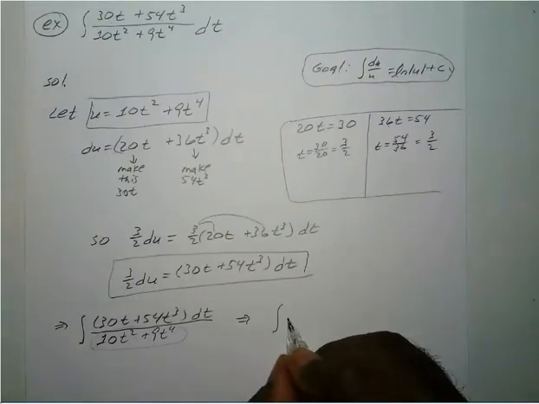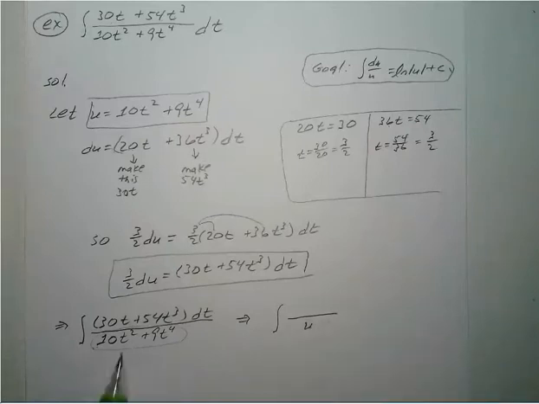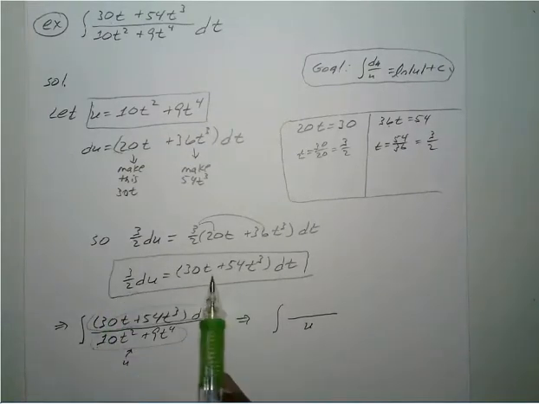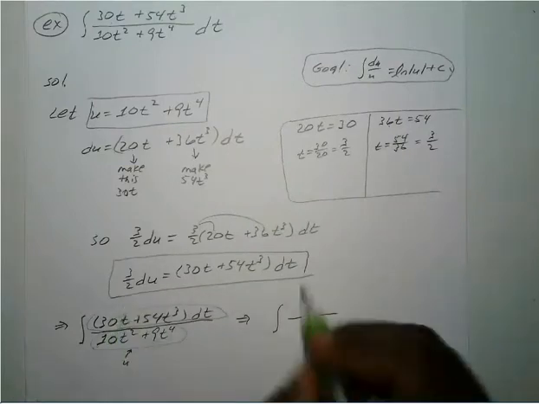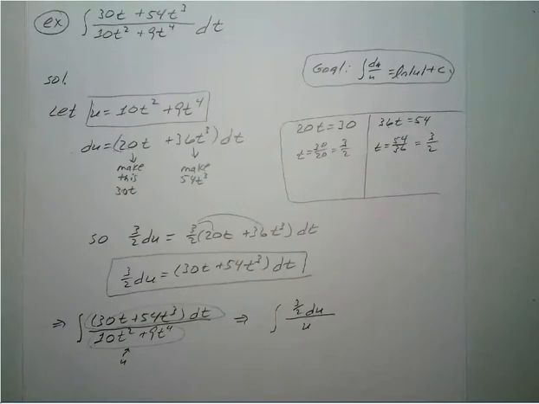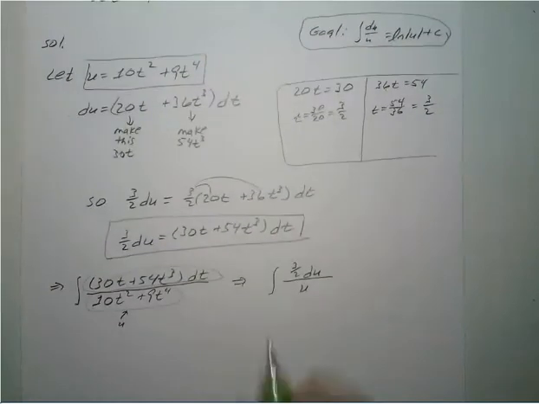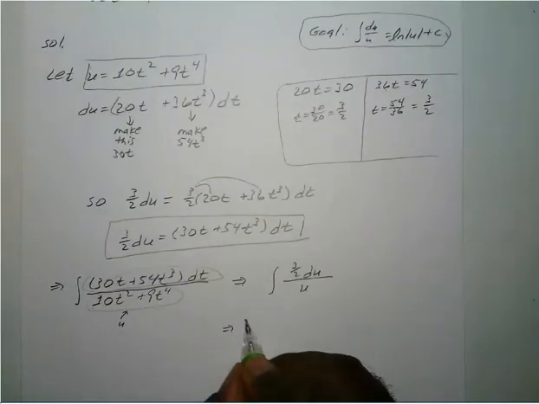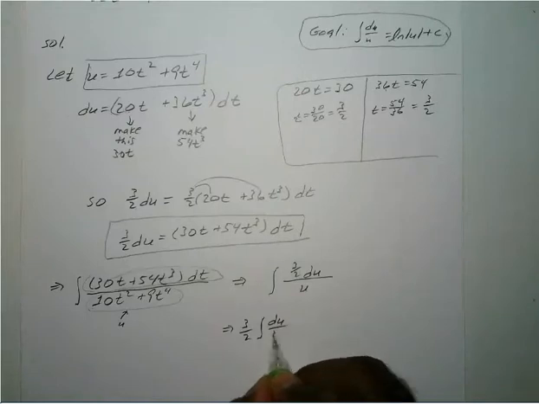And up here, that's our 3 over 2 du. All right, so if we go ahead and factor out that 3 over 2, it gives us 3 over 2 times the integral of du over u.